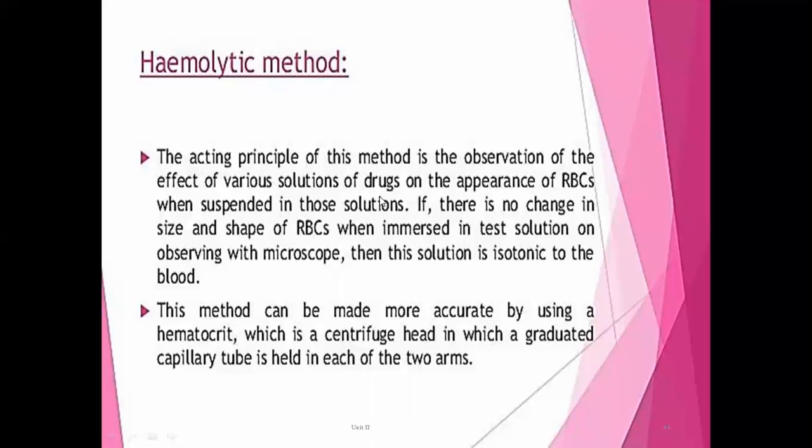See, just now we have seen the comparative study of three solutions: hypotonic, isotonic, and hypertonic. When we do the comparison of this, it is a very important parameter to measure the tonicity. If there is no change in the size and shape of the RBCs when immersed in that test solution, that means that solution is isotonic with those RBCs.